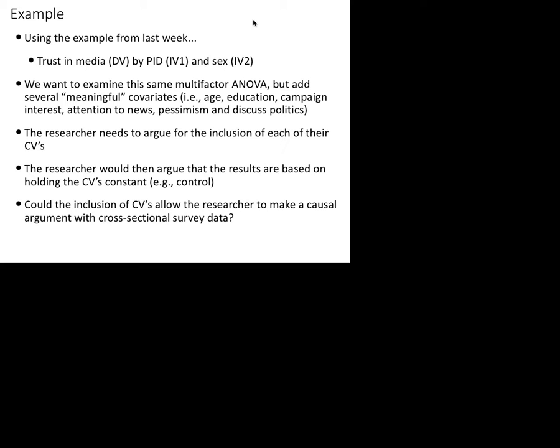Right, eta, sorry, not adjusted. And partial eta square is not the same as adjusted R square. They're two different variations on an effect size for eta and R. But the answer to your first question is absolutely yes.